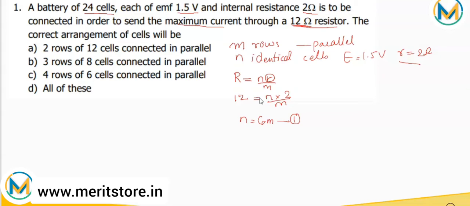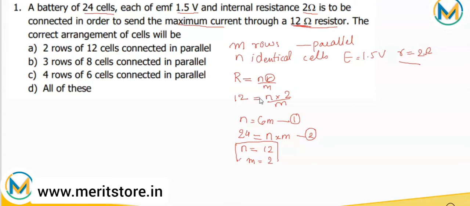Now we also know that there are in all 24 cells, which equals n into m, the number of identical cells in the rows arranged in parallel. Give this as equation number 2. By solving equations 1 and 2, n and m are found to be n equals 12 and m equals 2.